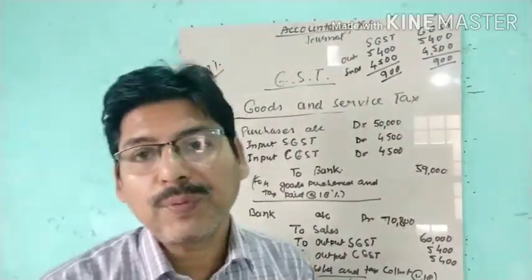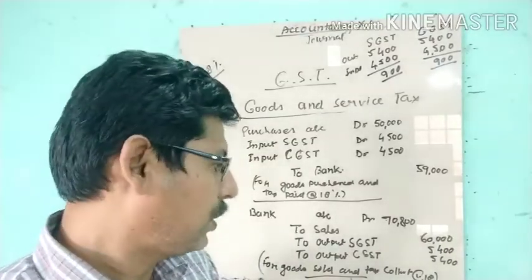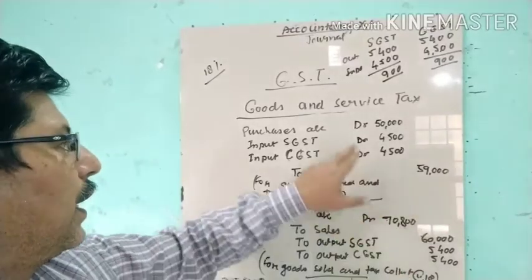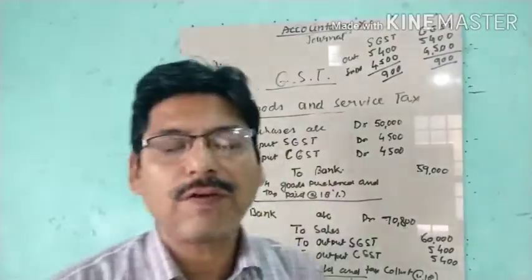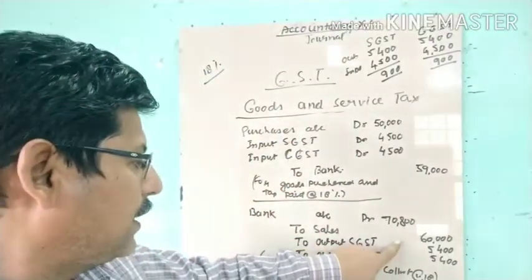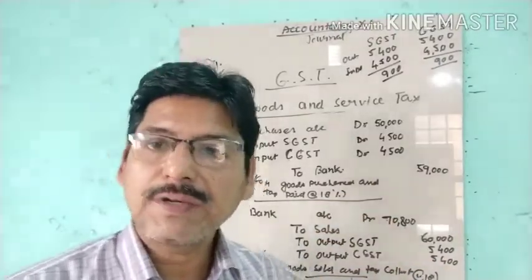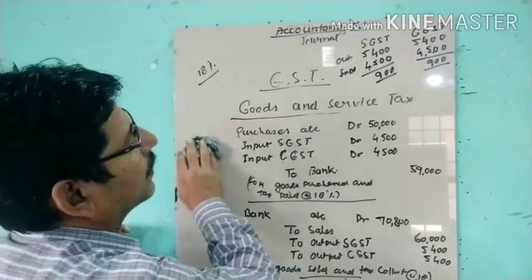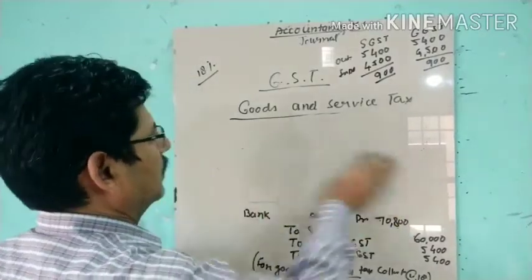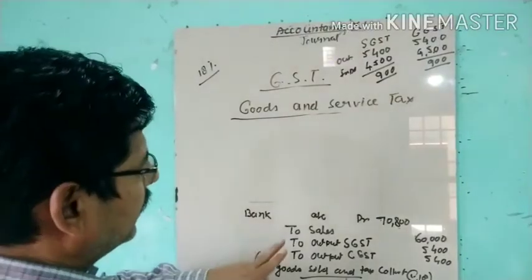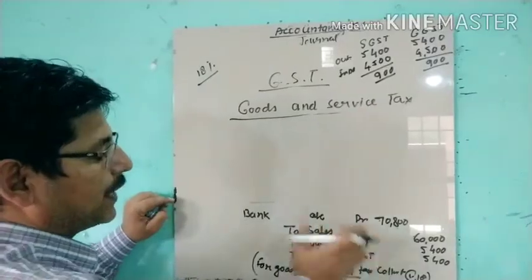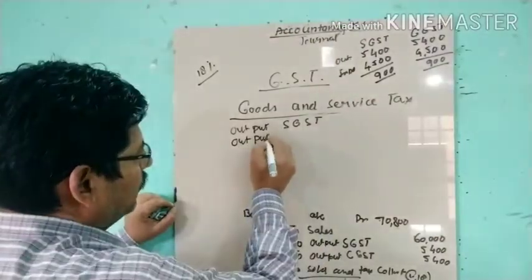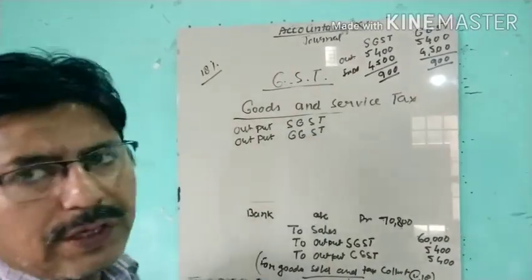So now we will put it in a journal entry. Out of this, this 5,400 has been adjusted against the inputs. So for the adjustment, first of all, output SGST was credited, so we will debit it to cancel this. So the adjusting entry will be: output SGST, output CGST.